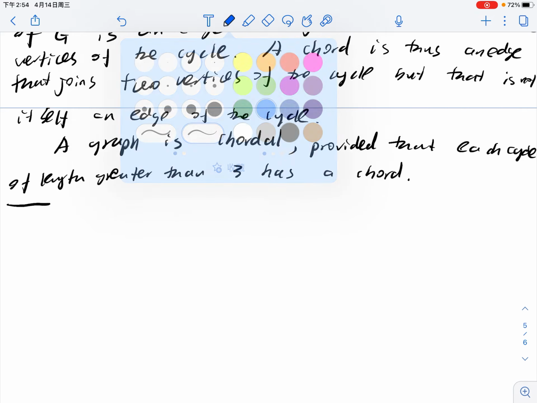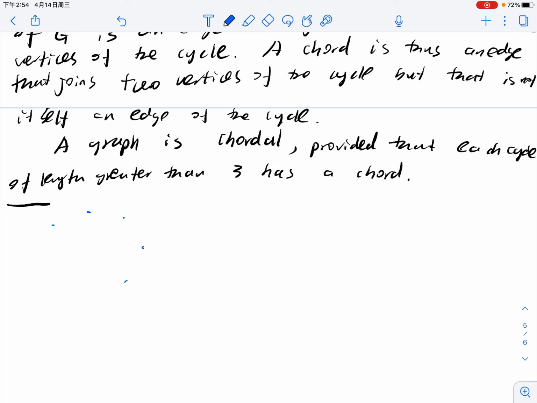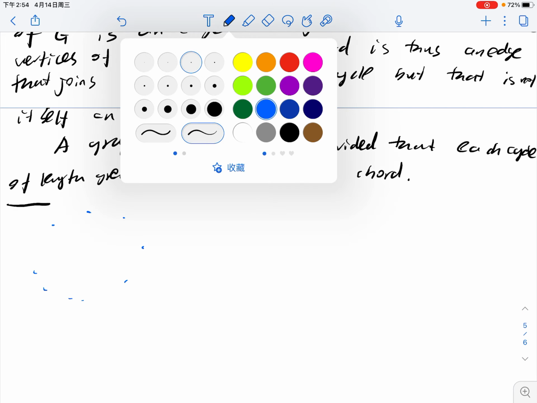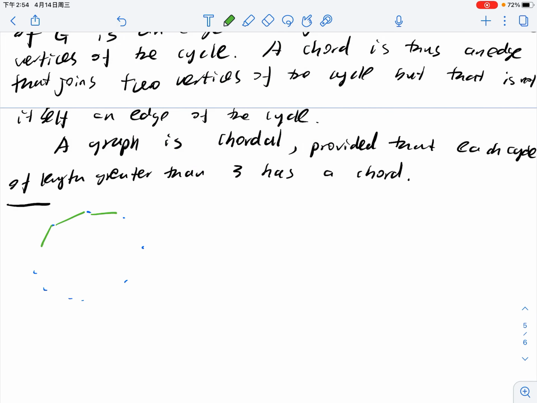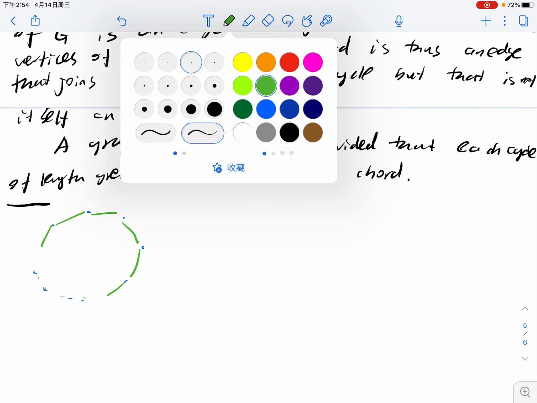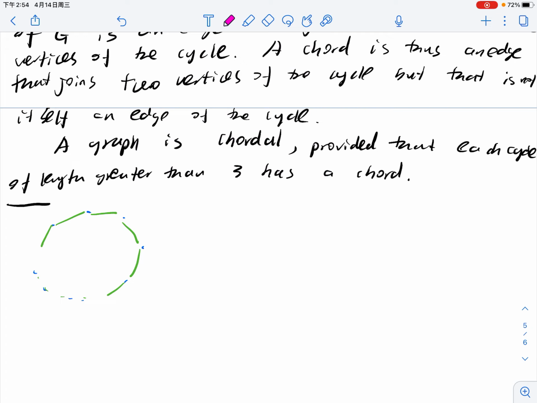If we draw a picture, then you have a cycle and you have an edge between non-adjacent vertices in this cycle. Okay.